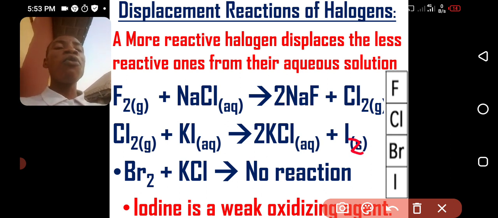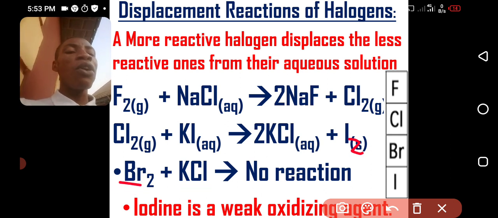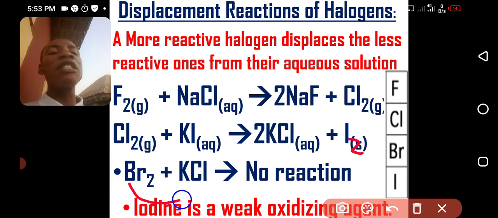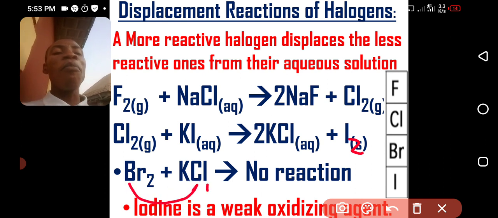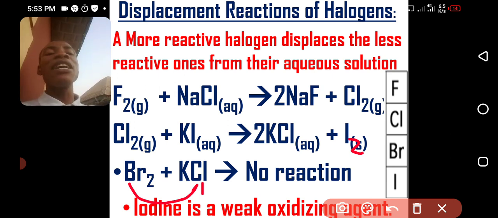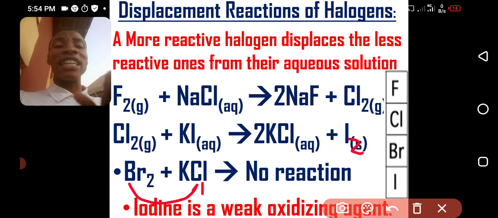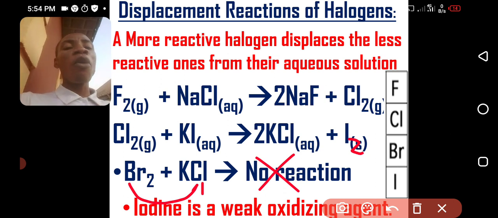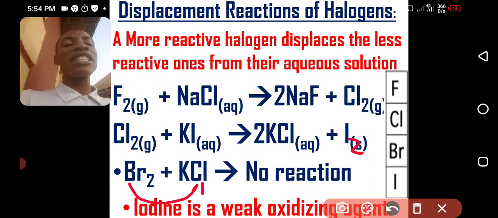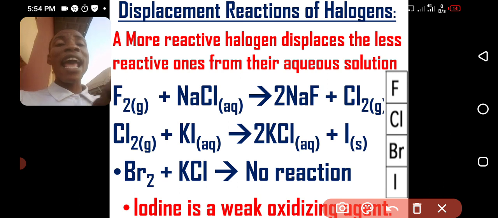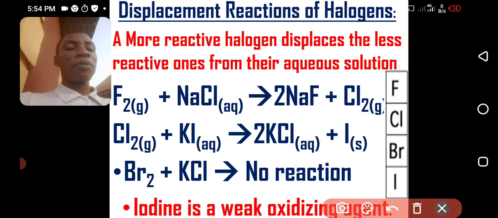Bromine cannot react with KCl, because we are expecting bromine to displace chlorine, but chlorine is more reactive than bromine. So bromine would not be able to displace chlorine from a solution of potassium chloride. Hence, this reaction will not occur, because bromine is less reactive than chlorine. Hence, it cannot displace chlorine from its salt.